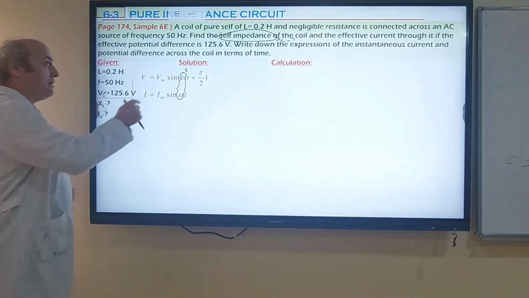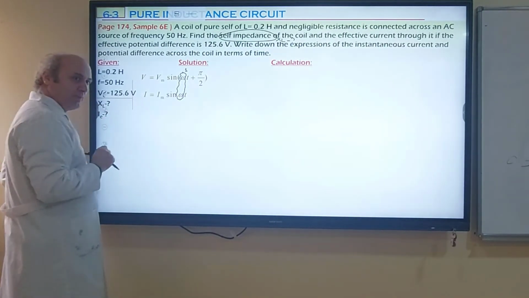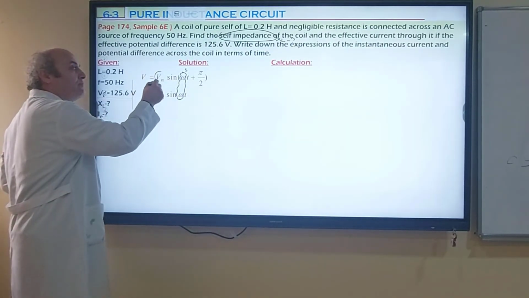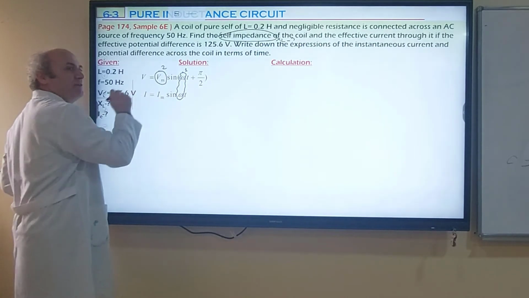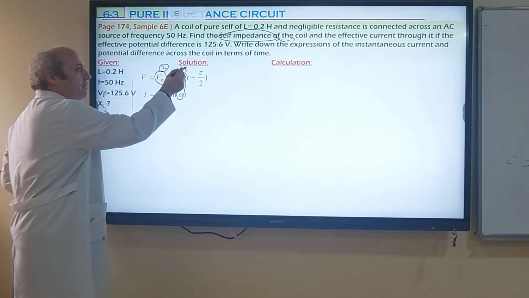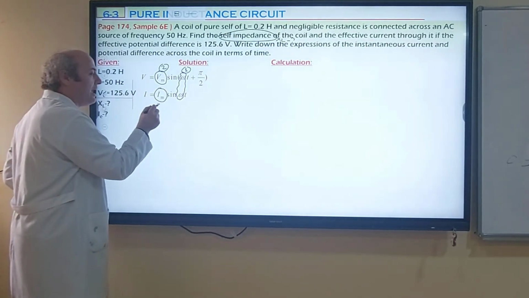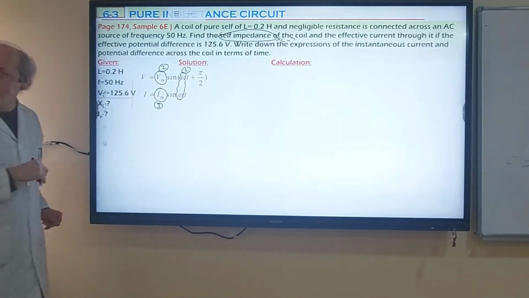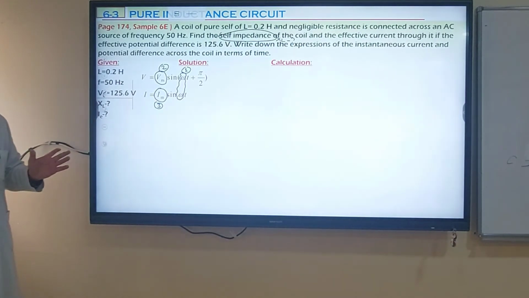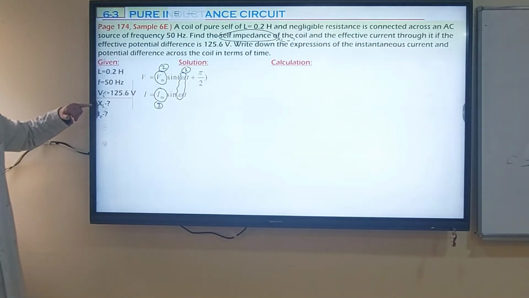Vm is also constant, so calculate Vm too. First calculate omega, second Vm, third Im, then insert them into these equations and finish writing the expressions. But first let's calculate XL.